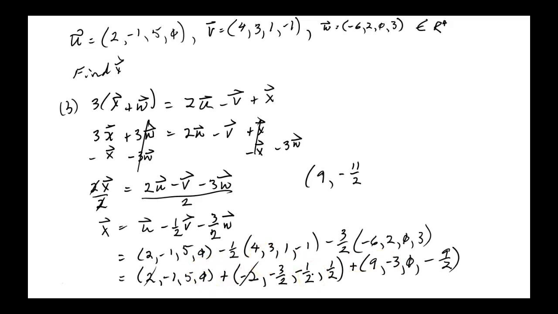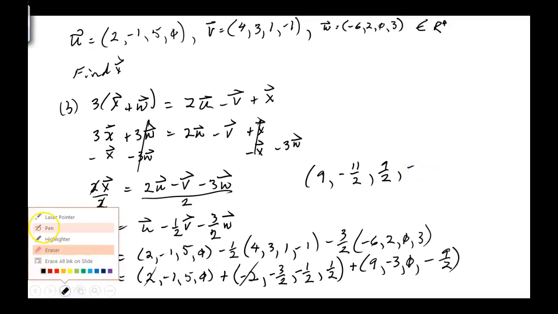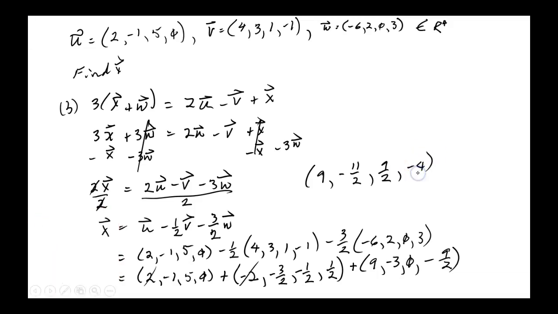Well, 5 is 10/2 minus 1 is 9/2. Okay. And then the last one is 1/2 minus 9/2 would be -2. No, -4. You're right. You're right. -4. Okay. Because 8/2, which is -4. Yeah. All right, let's see how they did. 9, -11/2, 9/2, -4. Got it.